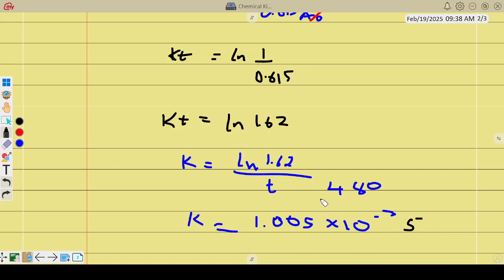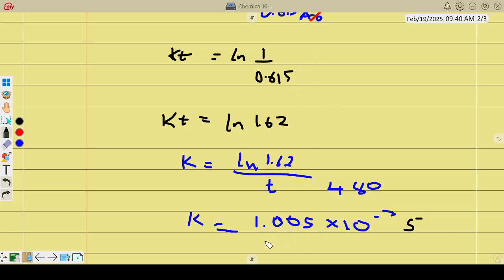Okay. So this is the rate constant. I hope we're not wrong. Are we? No. The caution I would give you here is, when you are working out problems like this, make sure you use as many significant figures as possible as you are solving, and then you round off on the final answer.